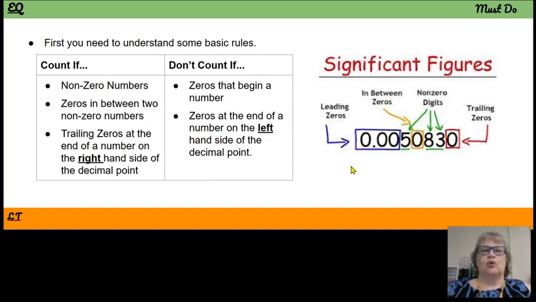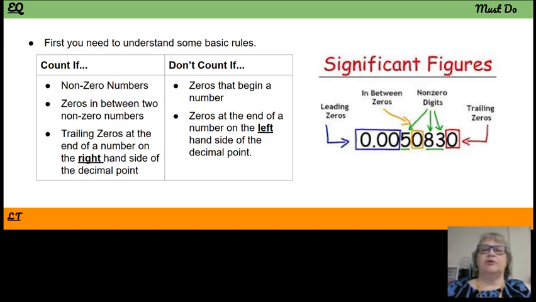So when we're looking at a number, let's say this number is 0.0050830. These first 3 zeros are important, but they're not significant, because we could write 0.00 and it still just means 0.